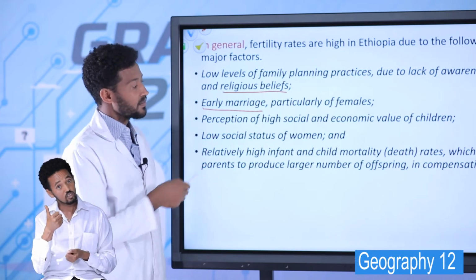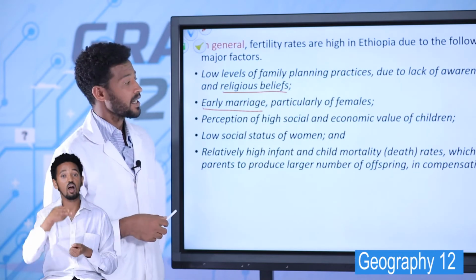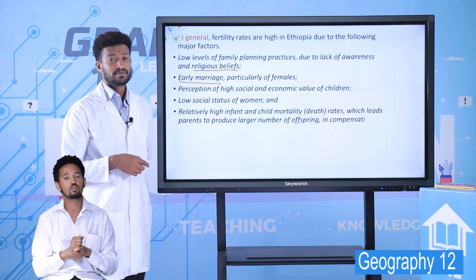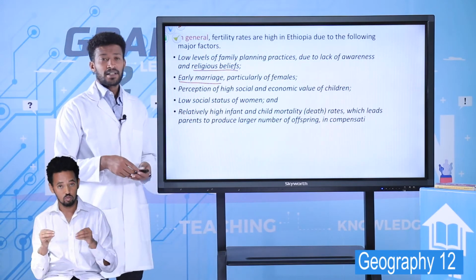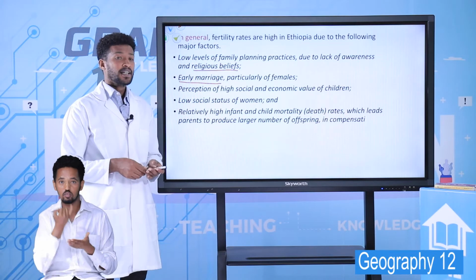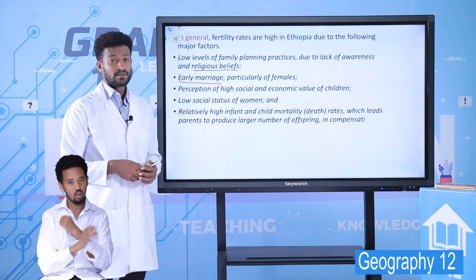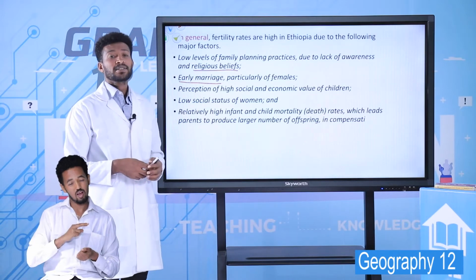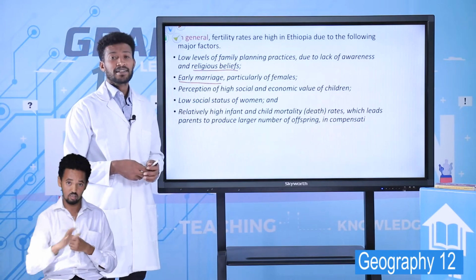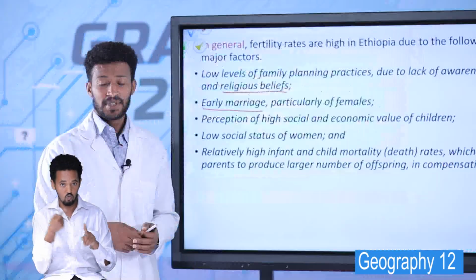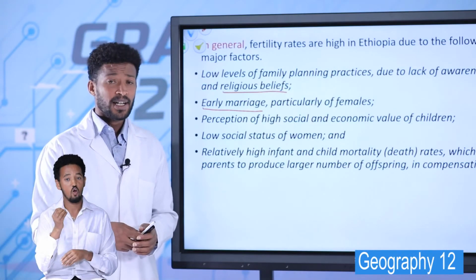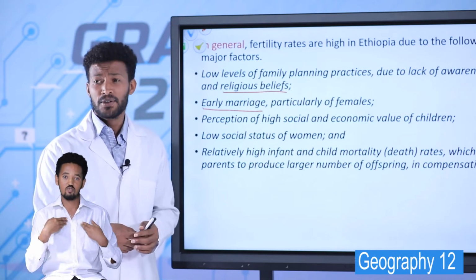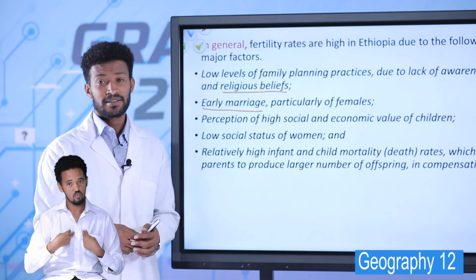Another one is the perception of high social and economic value of children. Students, this is the typical character of our country's situation. Our society assumes that children are a gift from God, or they assume that children are an asset. They are proud of having many children.